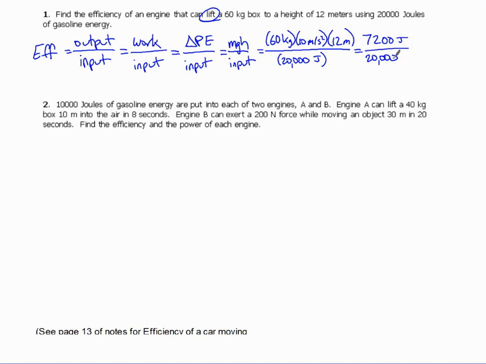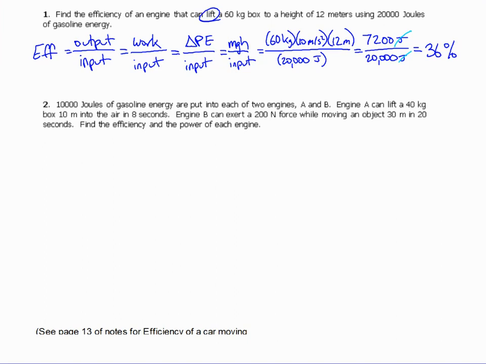So we end up with, this is joules also. Joules divided by joules. So there are no units here. This comes out to be 0.36 in the calculator. That is 36%. And it's an efficiency percentage, so there's not going to be units left over. It's just percent. This engine is 36% efficient. That's pretty good. That's a little bit better than a car, really, because the car was 67% was lost, and so it was 33% efficient.